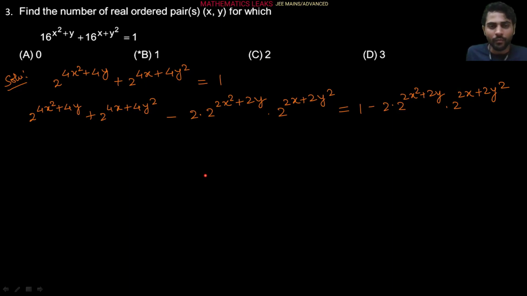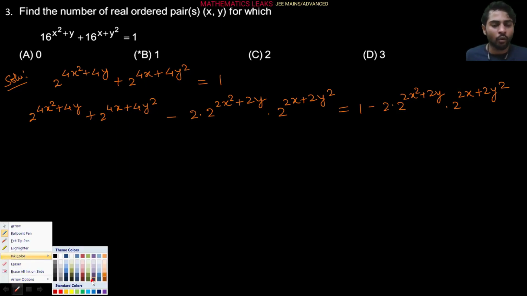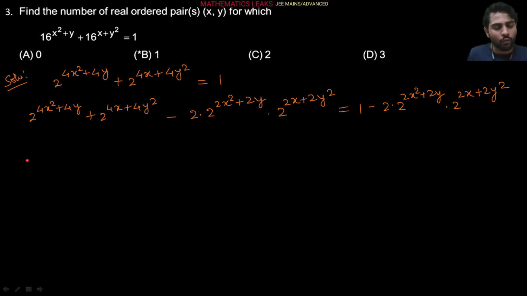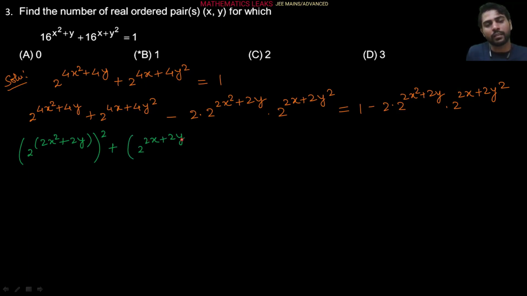Clear? Now from here, if you see the left side of the equality, it is written as a whole square of something. What is that? You can observe clearly, 2 to the power 2x square plus 2y whole square plus 2 to the power 2x plus 2y square whole square minus 2 into 2 to the power 2x square plus 2y square.